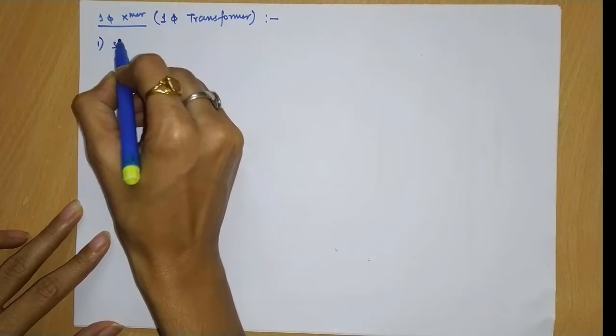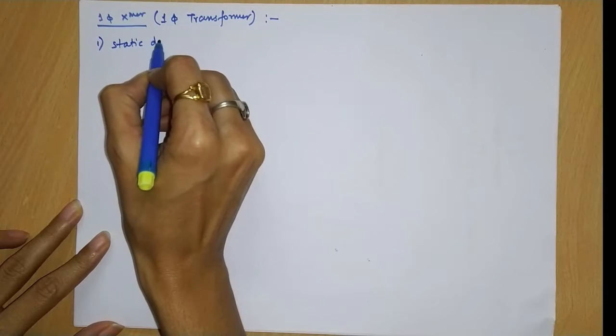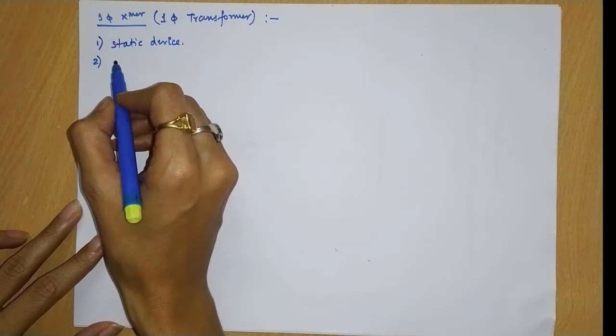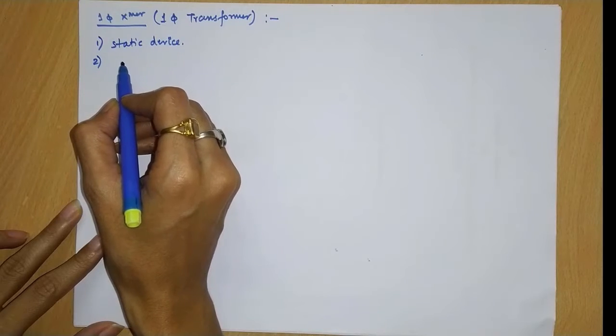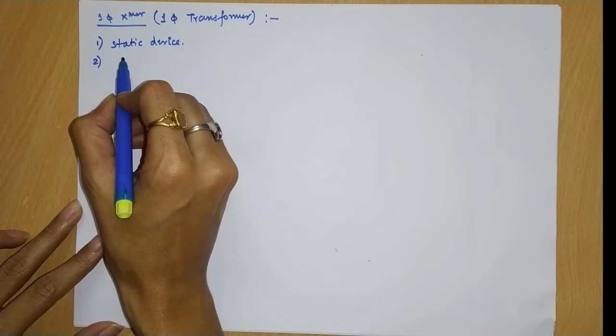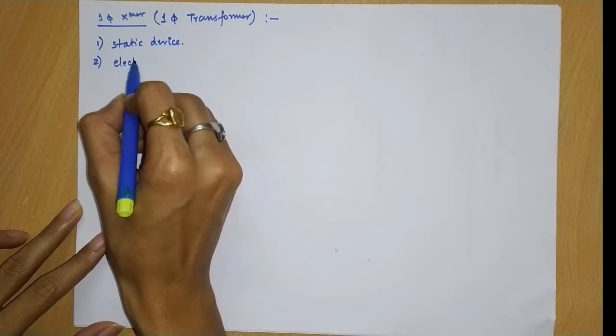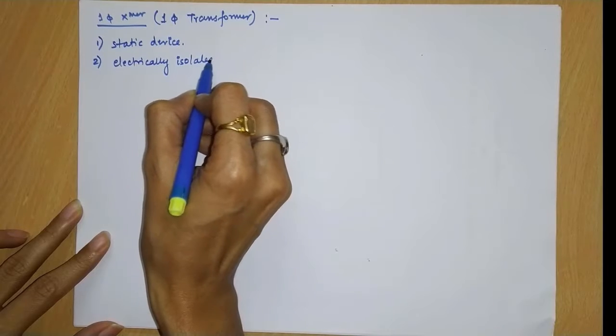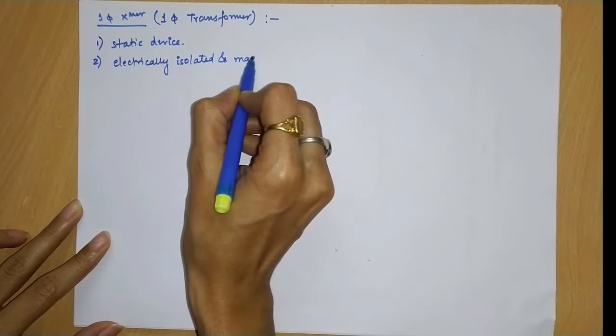That is, it is a static device. Next, transformer is an electromagnetic coupling circuit where input and output circuits are electrically isolated and magnetically coupled.